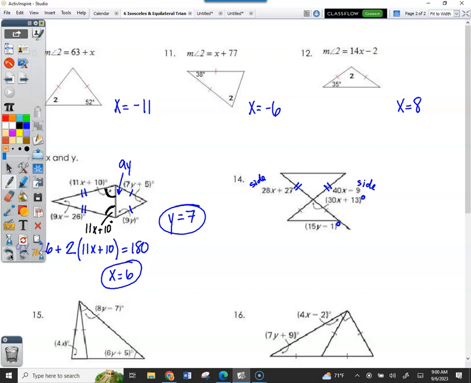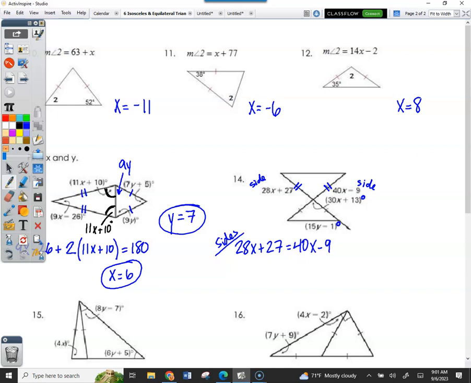What do these marks mean on the sides? Equal. So I could set 28x plus 27 equal to 40x minus 9 and solve. These are the sides. I'm going to make a note. Those are sides.